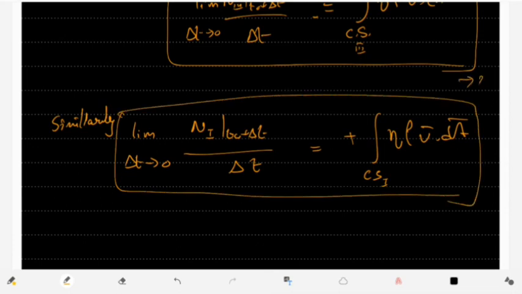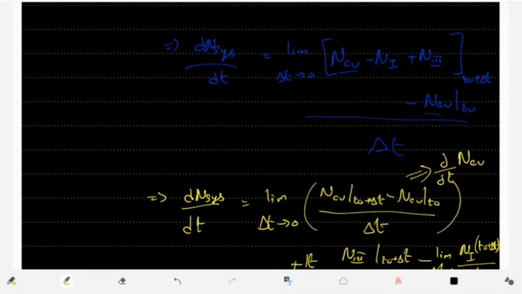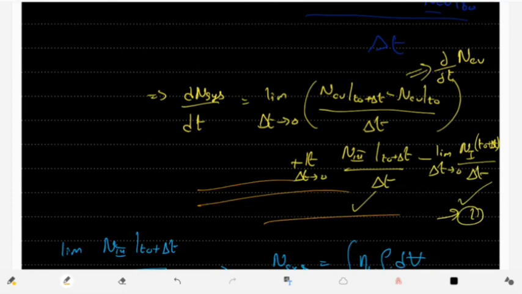I will substitute equations 2 and 3 in equation 1, which is just this equation.